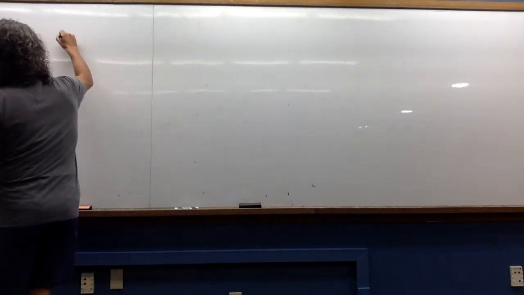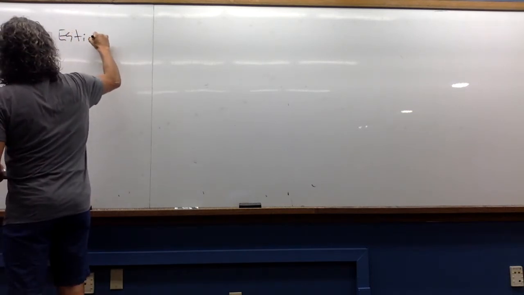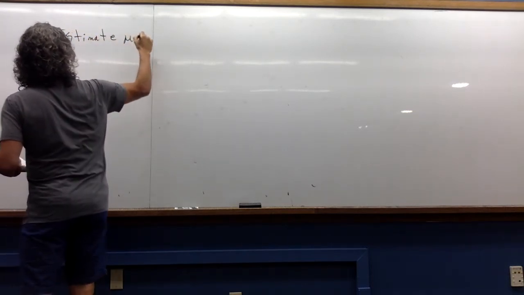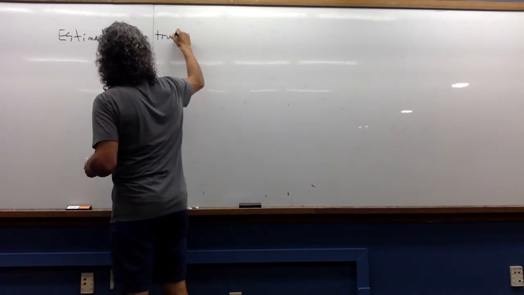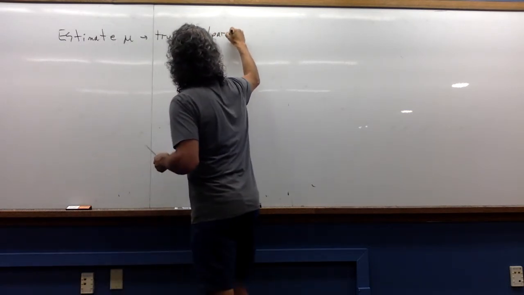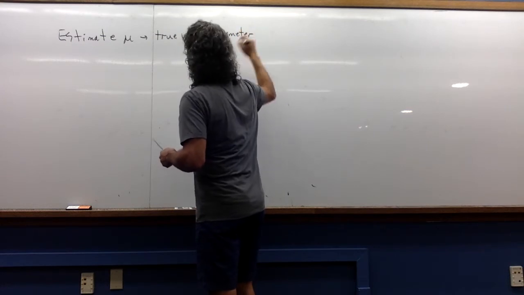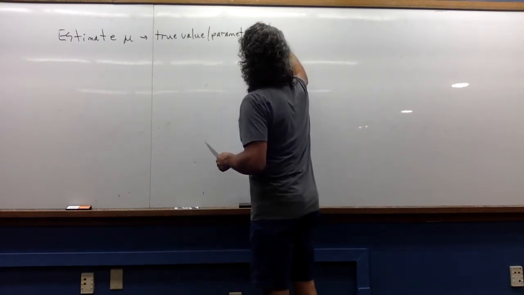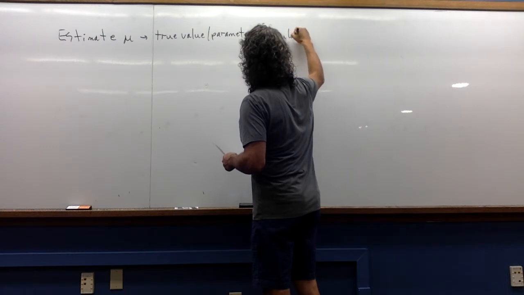So if we want to estimate mu, so again, this is the true value, also called a parameter, and this is a measurement on the population.